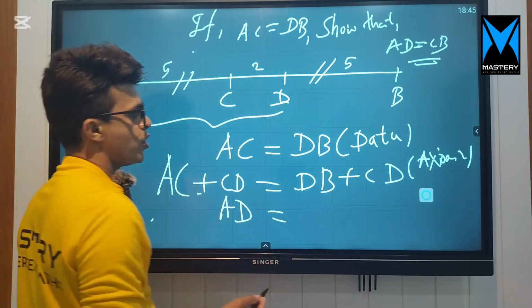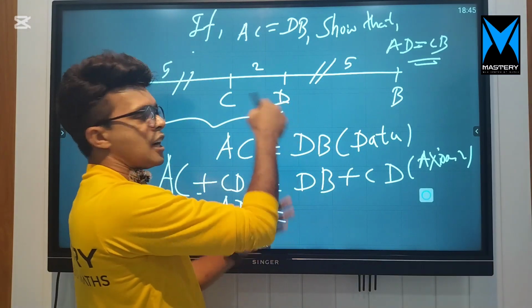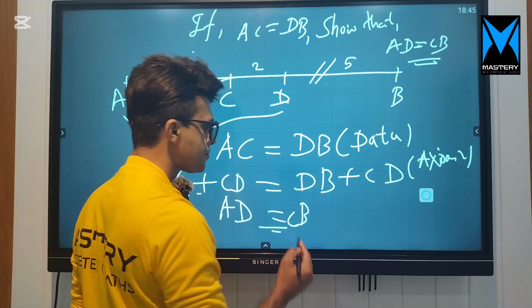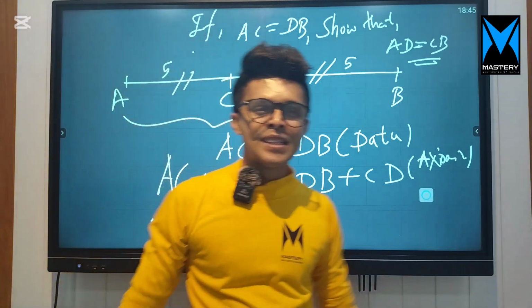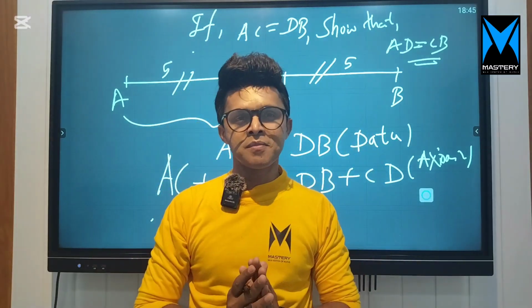Next one, DB plus CD, this whole segment, which is CB. This is the answer. This is the basic idea of the second axiom.